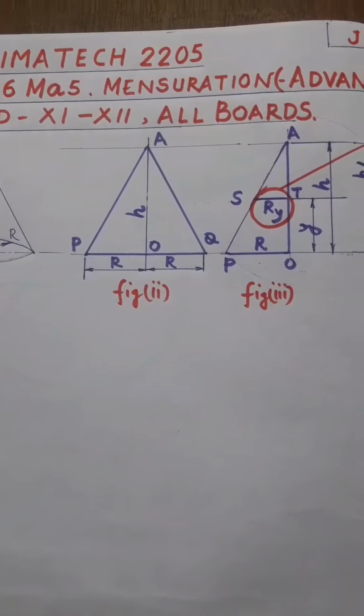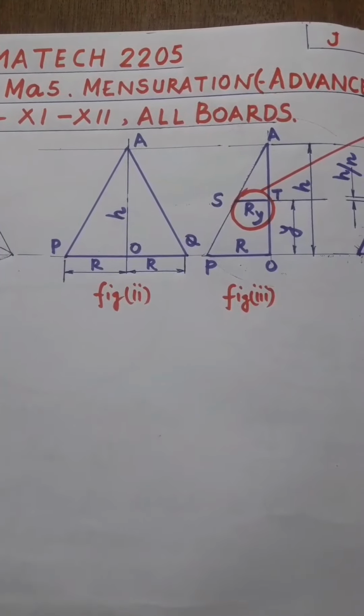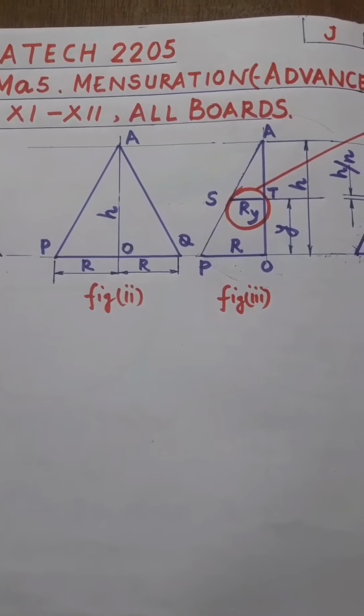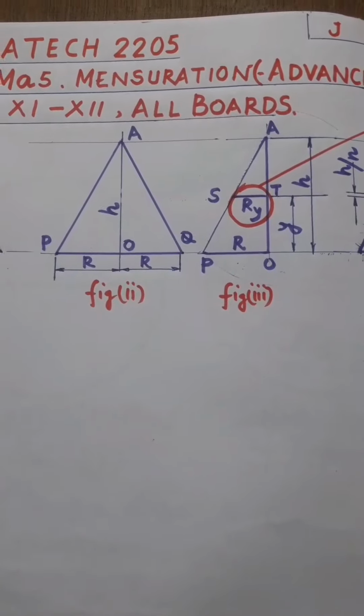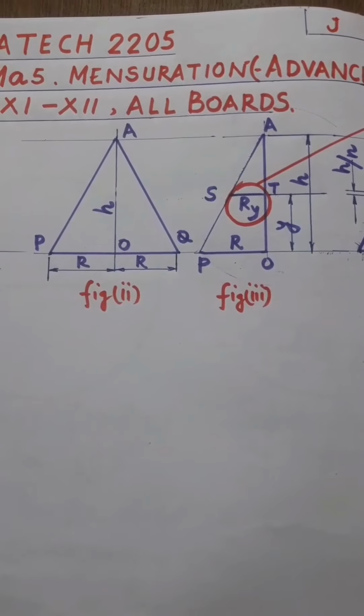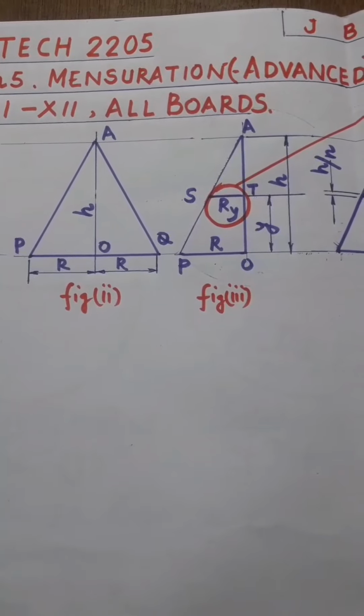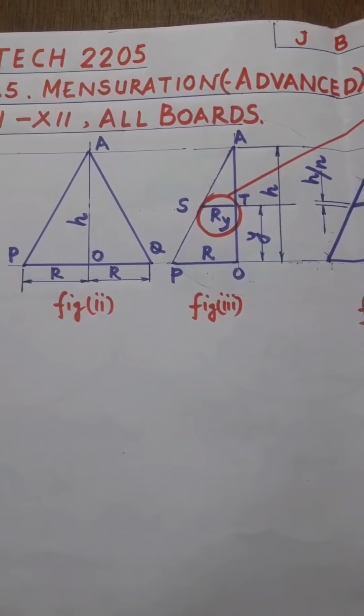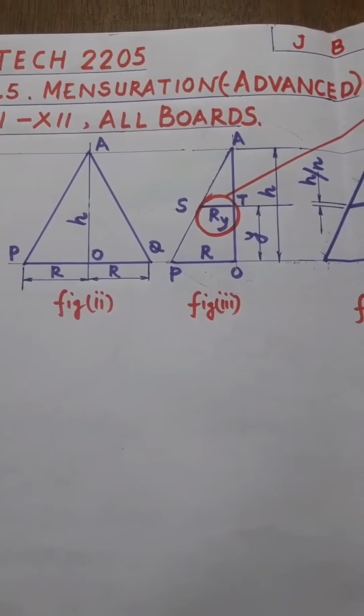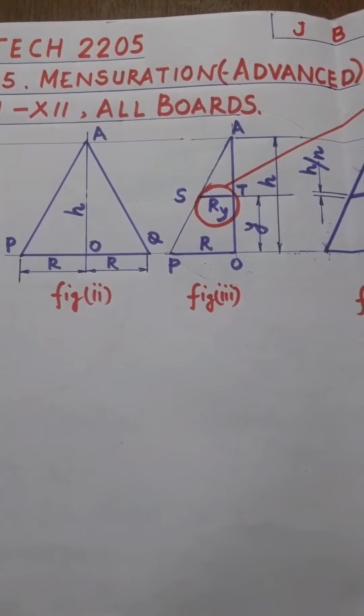In figure 2, we have shown the front elevation of the same right circular cone, as you can see, and it is geometrically depicted as APQ, O being the projection of the center of the base circle.